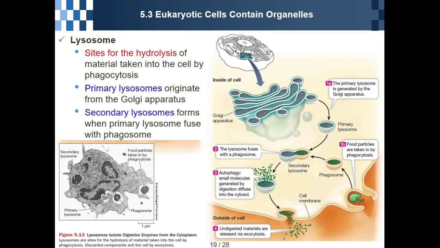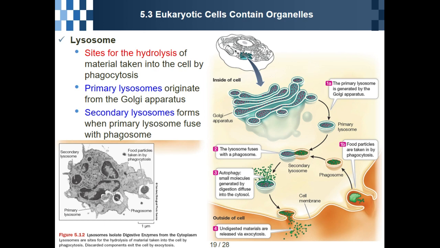So there are two kinds of lysosome. The first one is primary, the second one is secondary. The primary lysosome originates from the Golgi apparatus. So this is the Golgi complex, Golgi apparatus.